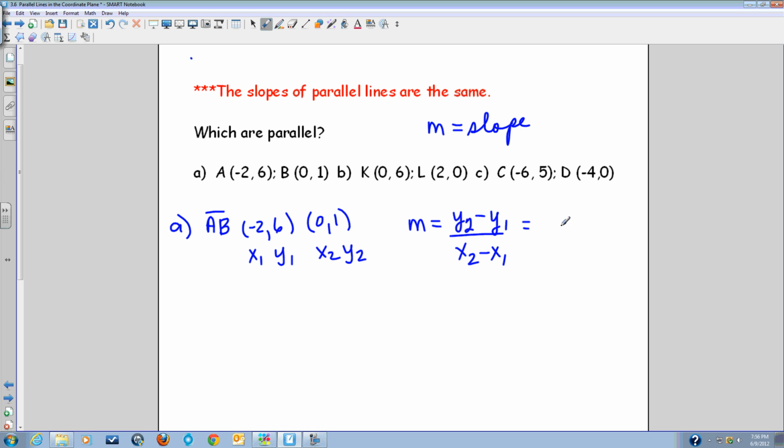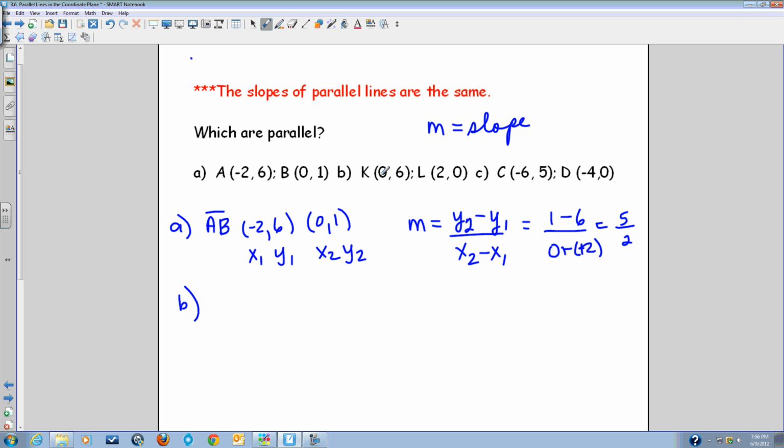When we plug our numbers in, we have 1 minus 6 over 0 minus negative 2, which gives us 5 over, well, these two negatives make a positive, 5 over positive 2. So that's the slope of segment AB.